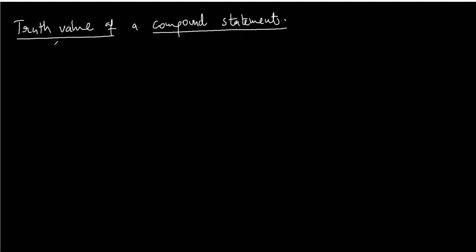Okay, students, now we are going to see the truth value of conjunction, truth value of disjunction, and truth value of various compound statements. Before I take you there, I would like to make you understand the concept of truth value of a compound statement.